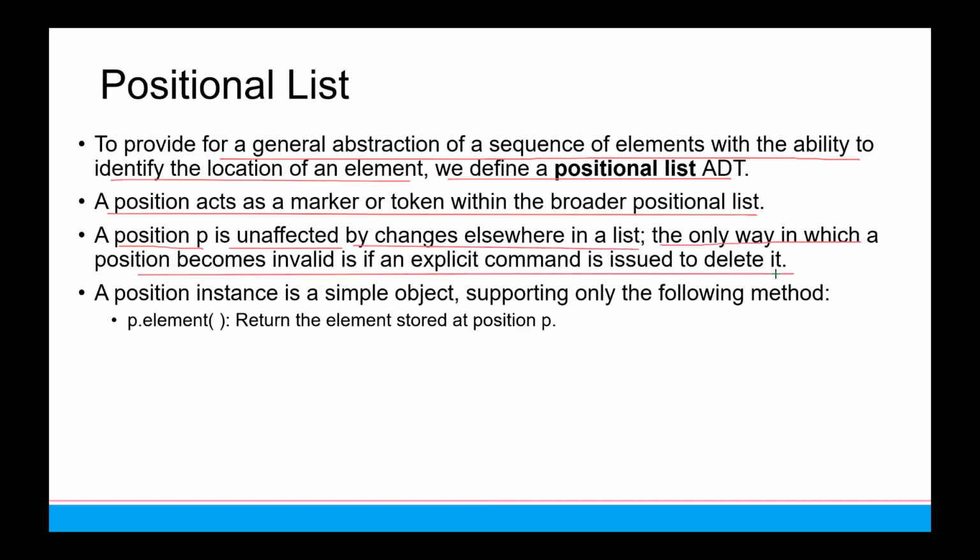So if we want to remove or delete, then it affects the position. We will have the position instance, which is a simple object. So there will be an object of position, and it supports the following method.